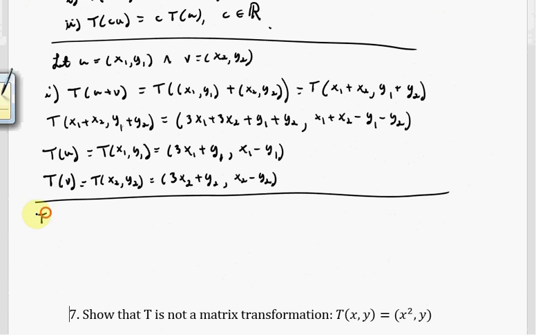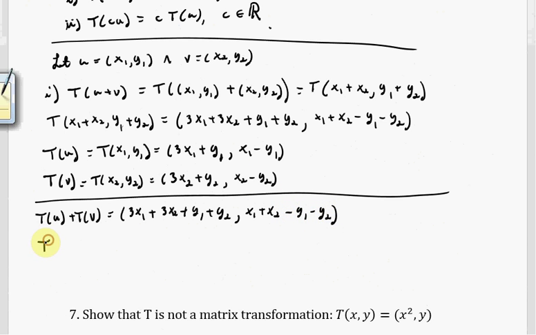So T of U plus T of V is equal to, we're going to add these terms together: 3x sub 1 plus 3x sub 2 plus, just associating, y sub 1 plus y sub 2, comma, x sub 1 plus x sub 2 minus y sub 1 minus y sub 2.